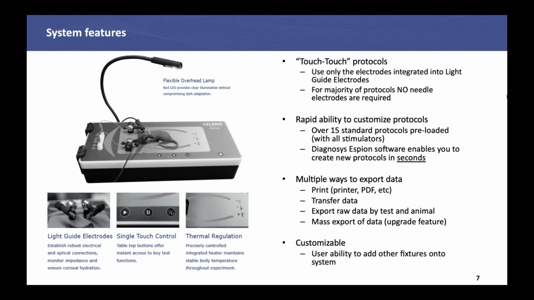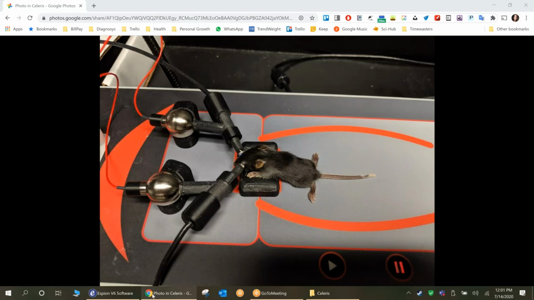And then we had one other question about to what extent the needle reference varies depending on the size of the rodent. Placing a forehead needle electrode is pretty challenging in very young mice. So I'm going to show you a photo again of a 21-day-old mouse getting an ERG from a Solaris, just using touch.